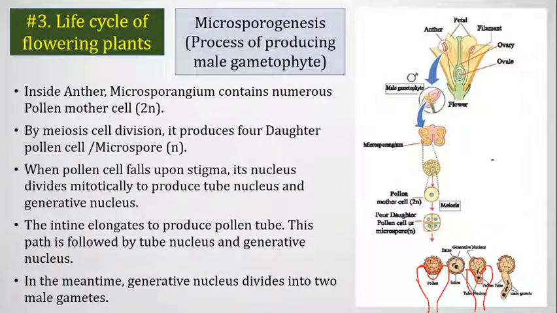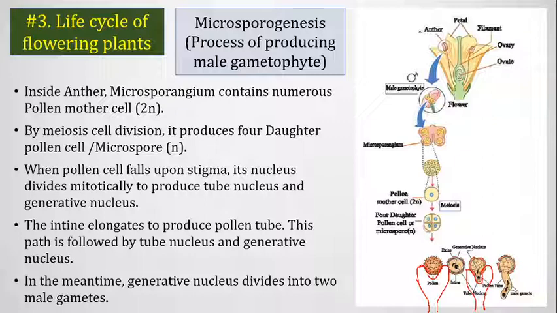That is how we see male gametes are produced in the flower and inside the pollen. So we have finished the process of microsporogenesis, or the male gametophyte. Here we see that some of the process is completed within the anther, and some of the later changes take place after pollination.